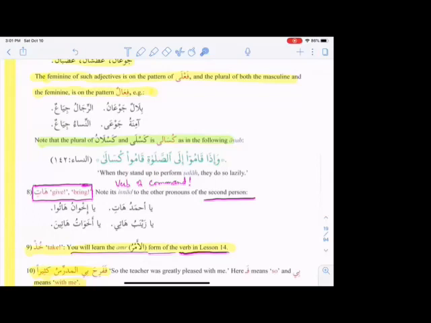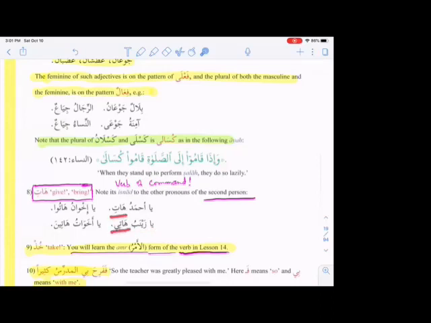So in Hati, there are only 4 verbs of command that are used most commonly. Ya Ahmadu, this is masculine singular, Hati. Now you make it into feminine, it becomes Hati. Now we have to remember that.